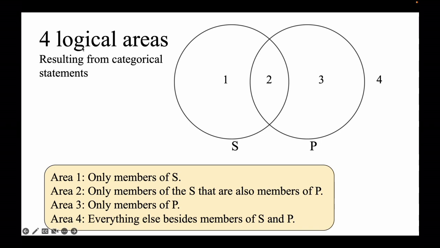Essentially, what I have been talking about is the four logical areas. Remember, when you make a categorical statement such as bananas are yellow, or dogs are mammals, any other categorical statement, in order to do that, you use two circles, two Venn diagrams, and you overlap them this way.